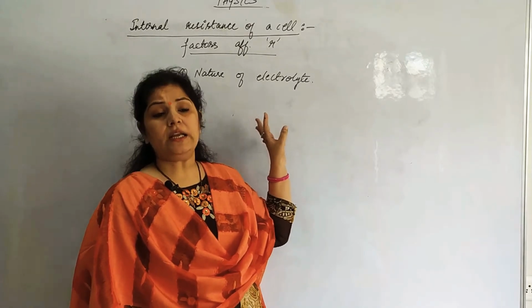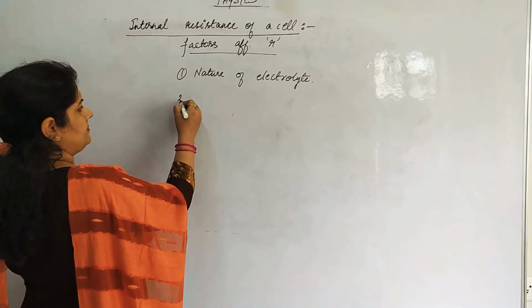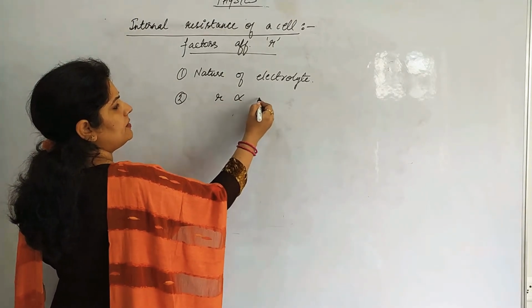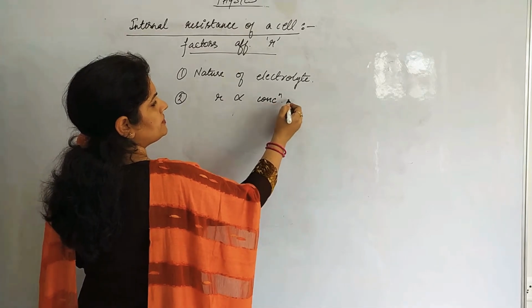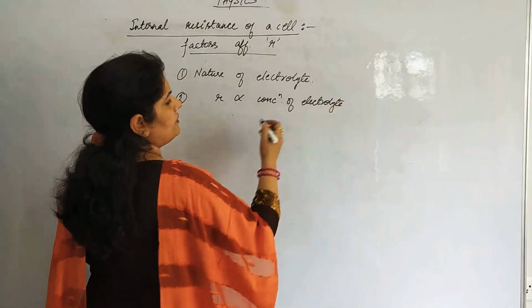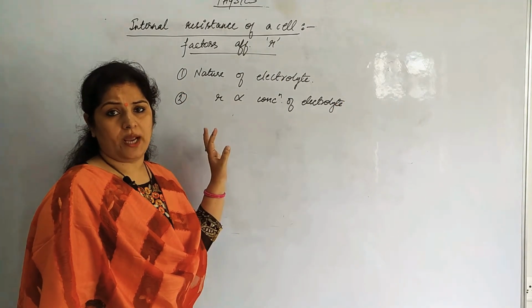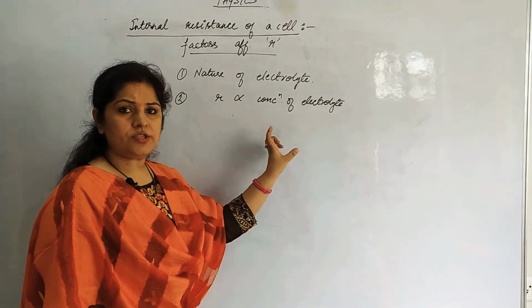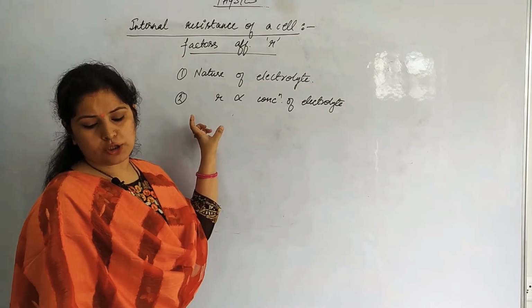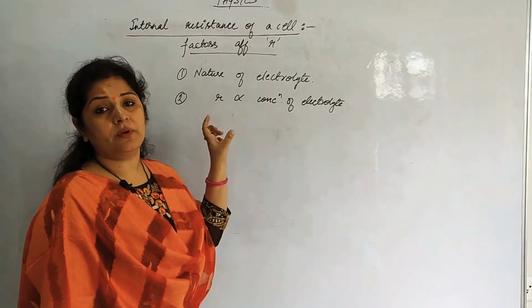The second factor is that internal resistance is directly proportional to the concentration of the electrolyte. If we have taken higher concentration, internal resistance is going to be high. If we take less concentration, then internal resistance will also be less. It is also directly proportional to the distance between two electrodes.